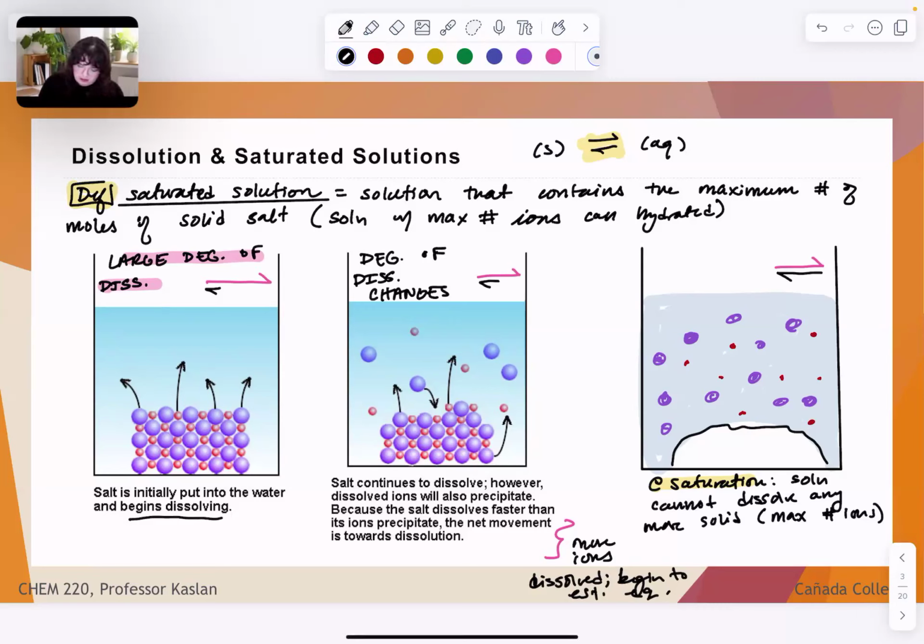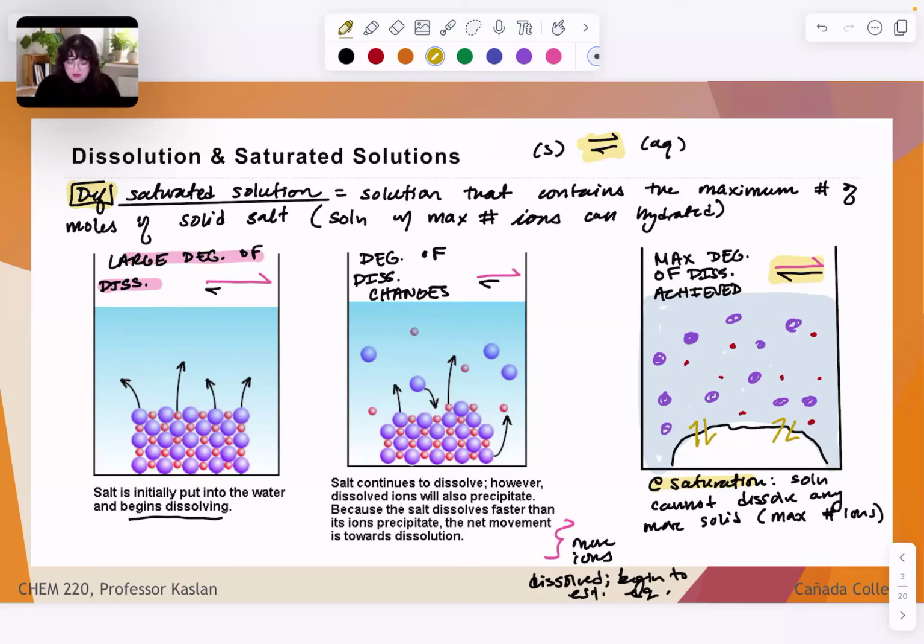So here we have the max degree of dissociation achieved, and this is where we are at a phase equilibrium. We would see a constant exchange of ion and solid at equal rates in solution. This is what it means to be at saturation.